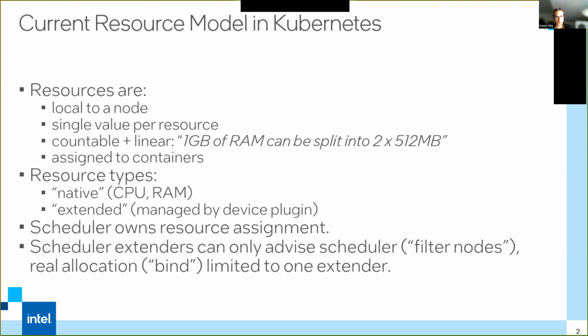I already mentioned that the scheduler makes assumptions about these resources during pod scheduling, and it can do that because it also doesn't need to consult with anyone else. There is a scheduler extender concept, but it's fairly limited. It's ultimately still the scheduler that decides a pod fits onto a node, then it subtracts all resources used by that scheduled pod from the available resources on the node, and then it knows how much is left and it can continue scheduling the next pod.